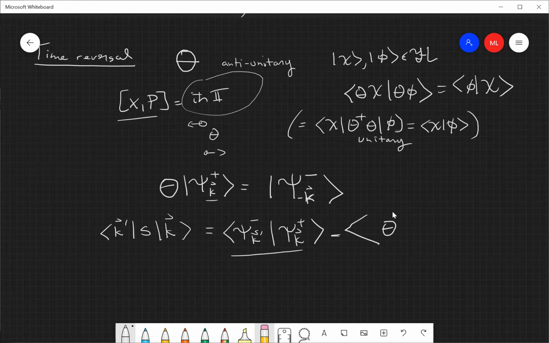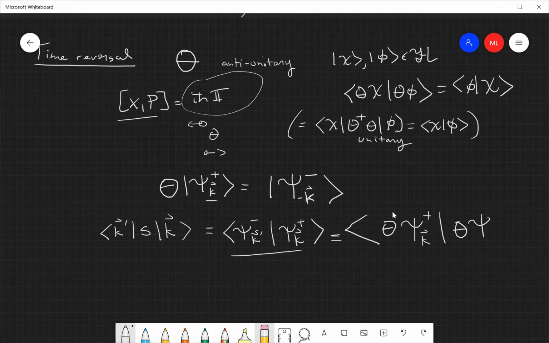And because it's anti-unitary, the way we write this is we flip the order in which these guys are listed, and then we apply theta to both of them, so this inner product is preserved under time reversal. This is just using the property of theta.